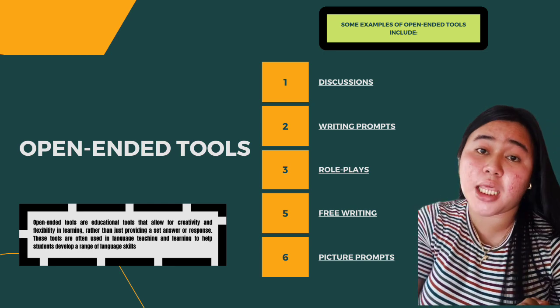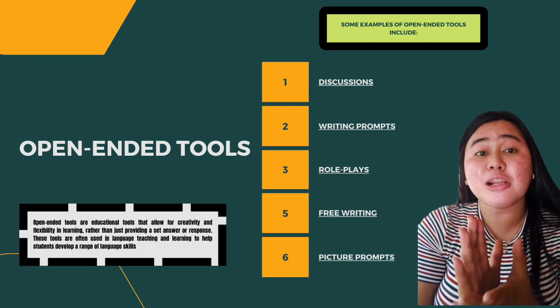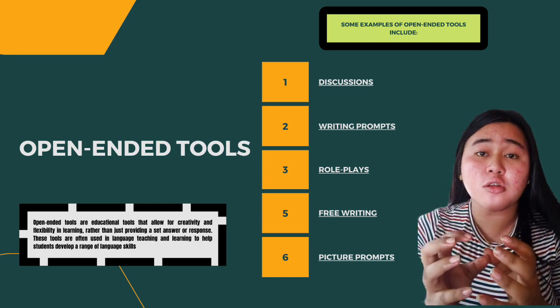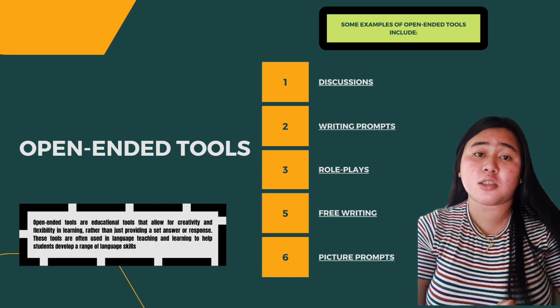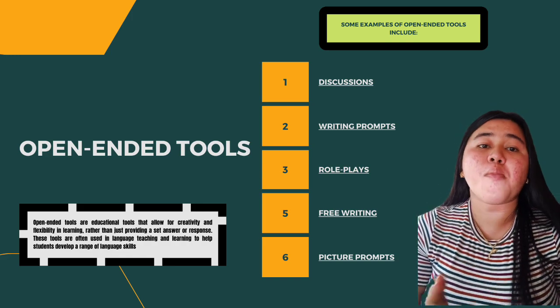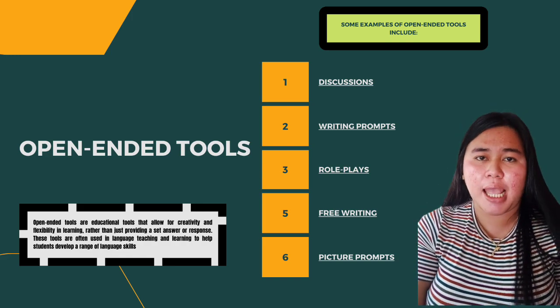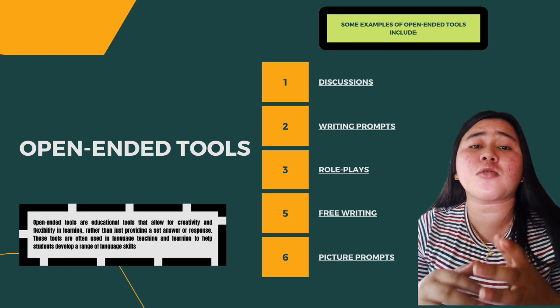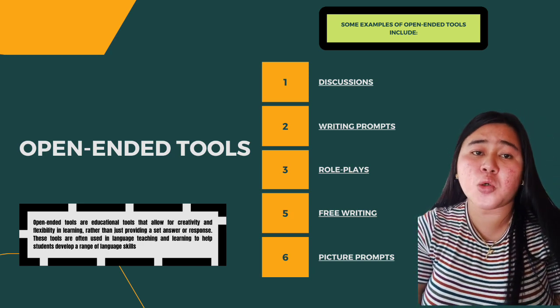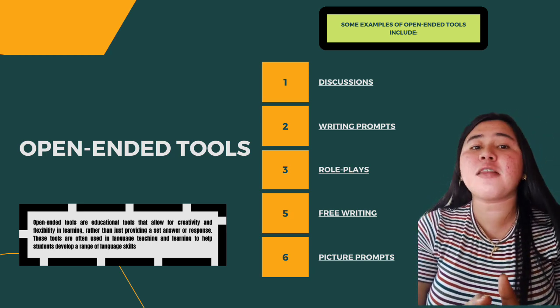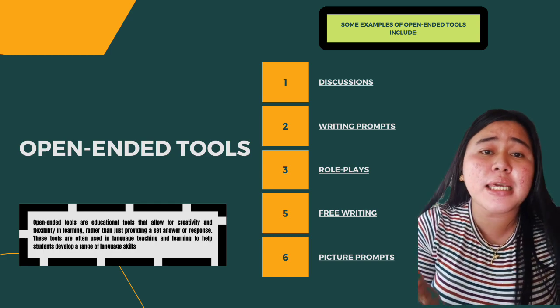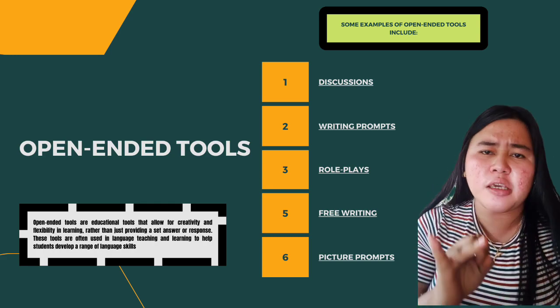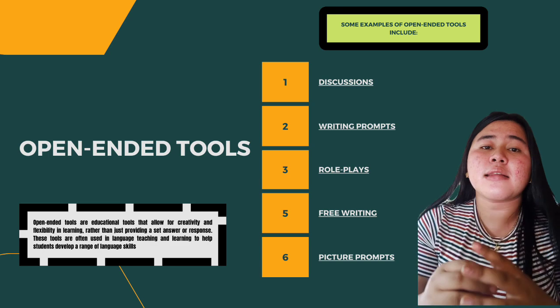This is an open-ended writing activity where learners are given a prompt or a topic and asked to write continuously for a set amount of time, without worrying about grammar or spelling. Free writing can be used to practice writing fluency, creativity, and critical thinking.